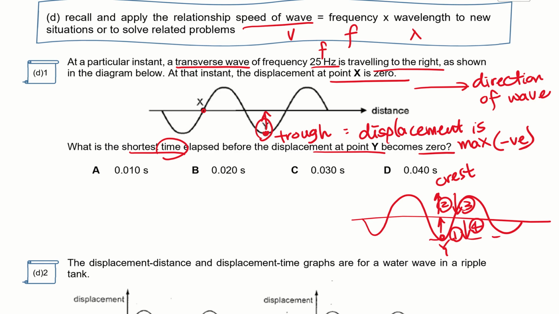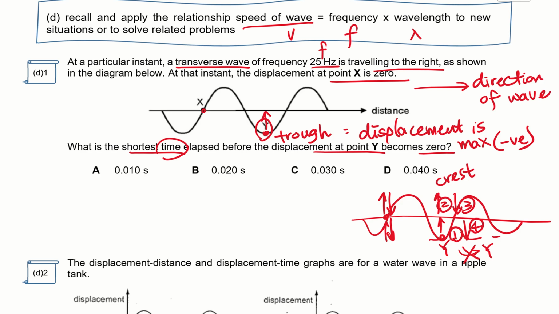Okay, I hope you don't misunderstand my drawing, that it seems like Y has shifted to the right. It's not. It's just that I'm doing this so that you can see that Y actually goes up, up, down, down. Maybe if I choose another point here, I'll just quickly say that if this particle goes up, next moment it will come down, then will go down, then it goes up.